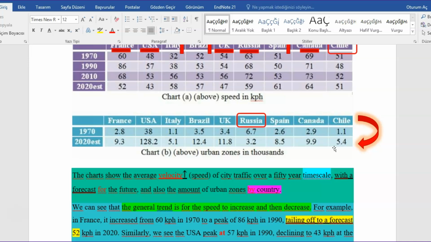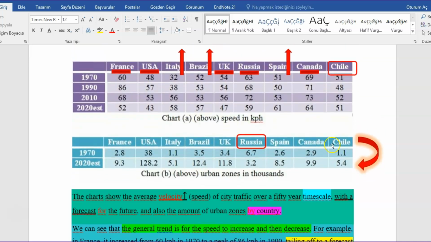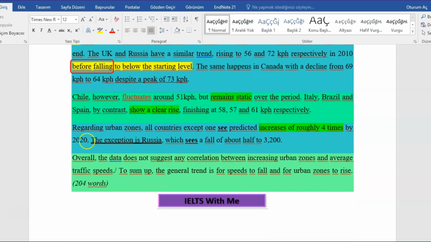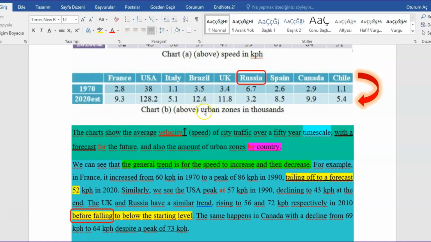What we said is that for Italy, Brazil, and Spain, we have an increased pattern. Okay, and we talked about that. And in the last main paragraph, actually the third paragraph, we are going to talk about the urban zone, right?